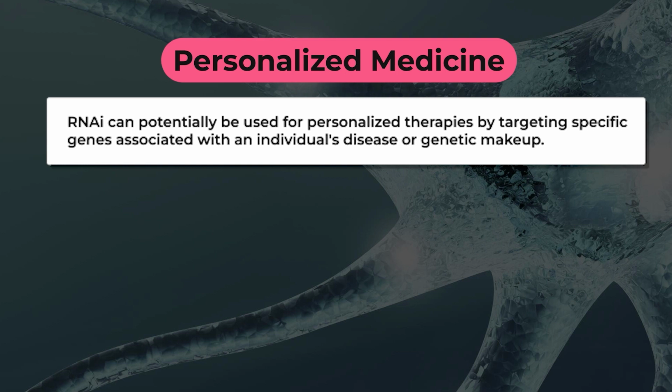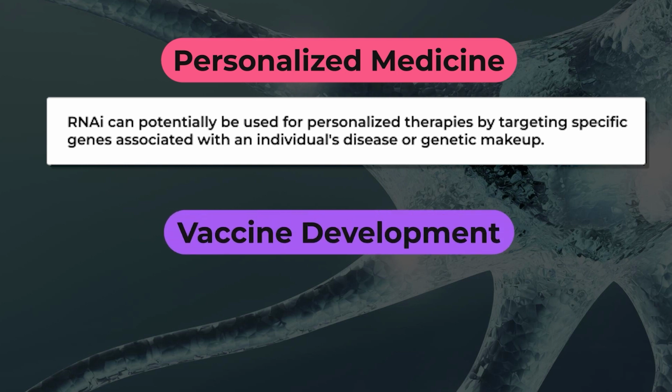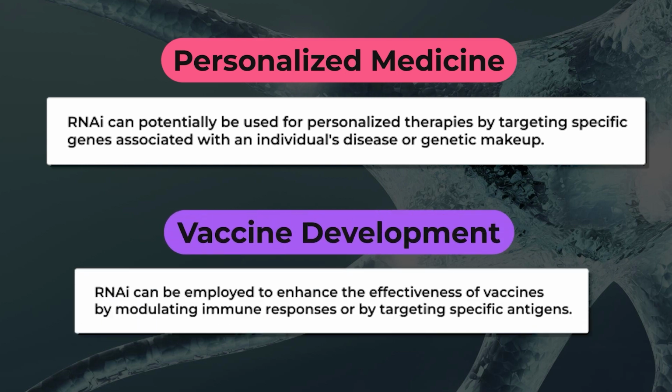And finally, vaccine development. RNA interference can be employed to enhance the effectiveness of vaccines by modulating immune responses or by targeting specific antigens. We have all been through the very tough time of the COVID pandemic.